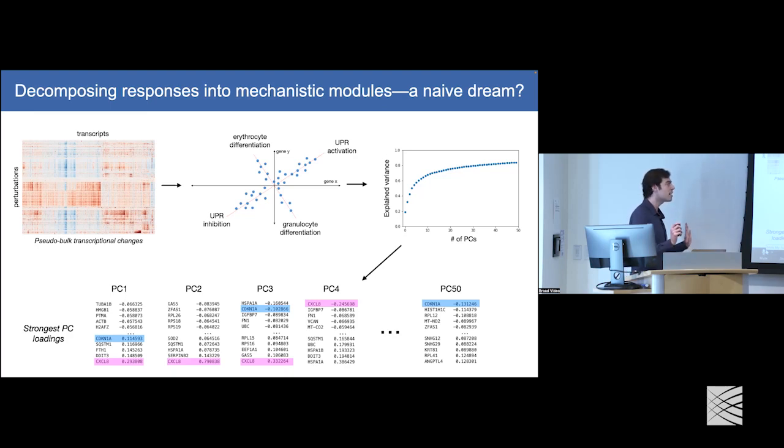Again, I'm not saying that we necessarily expect it to be, because obviously there are pretty strong limitations to a method like PCA, and we don't expect this to be a linear combination of modules. But nonetheless, we have not come up with a really elegant way to do this decomposition.